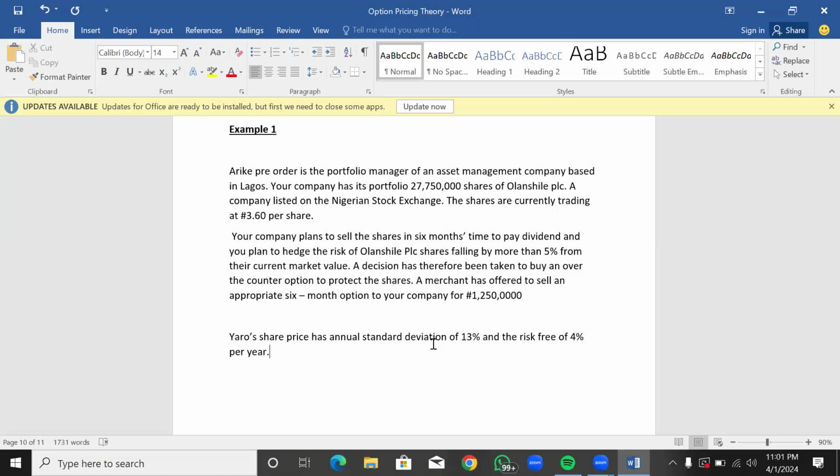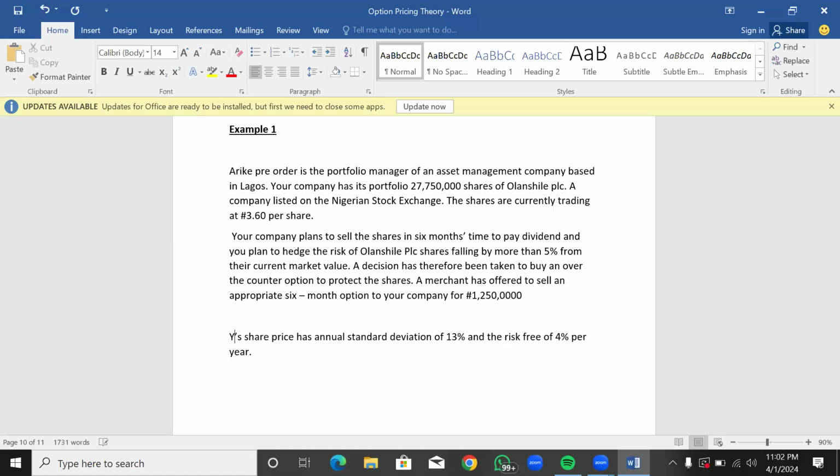Your company plans to sell the shares in 6 months' time to pay dividend, and you plan to hedge the risk of Olanchile PLC shares falling by more than 5% from their current market value. A decision has therefore been taken to buy an over-the-counter option to protect the shares. A company has offered to sell an appropriate 6-month option to your company for 1,250,000 naira.